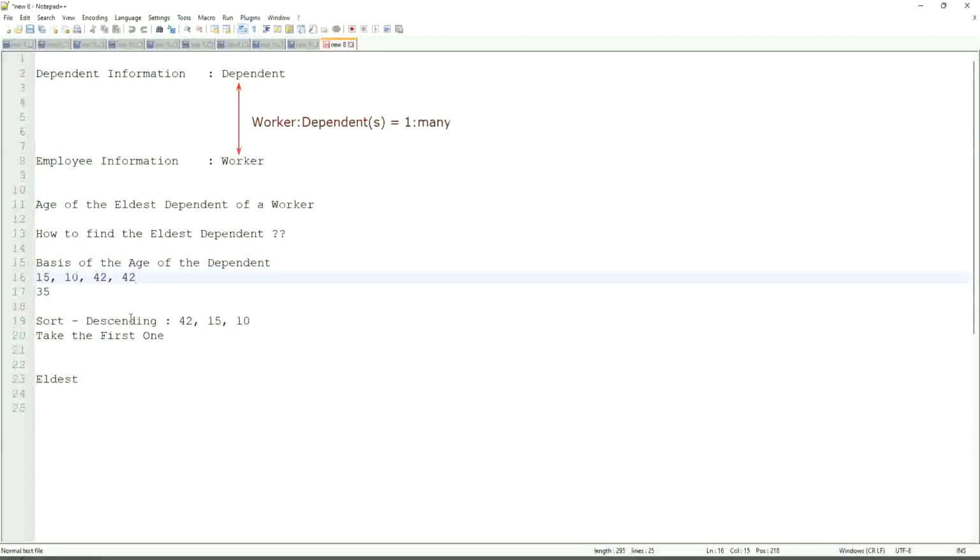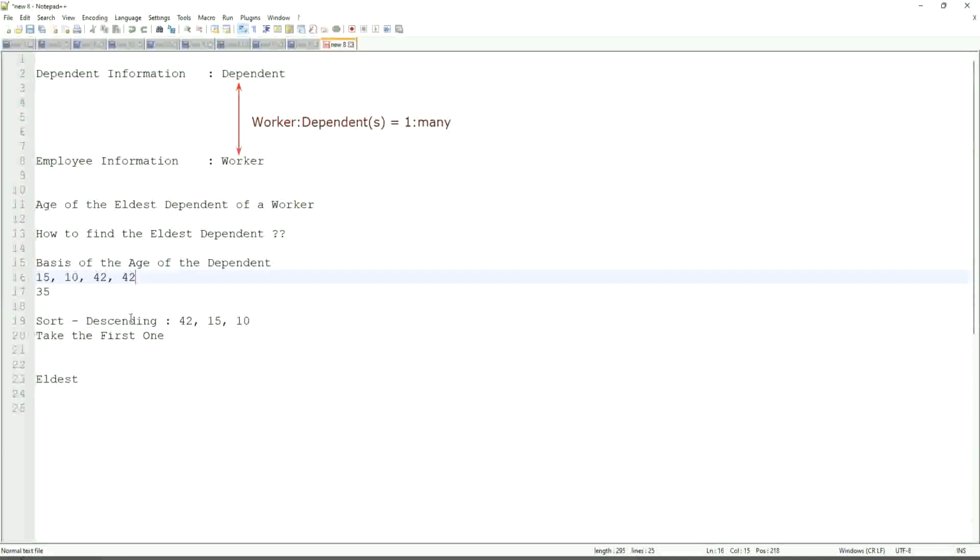Let's say if it is the same age, you are only looking for a spouse, not the child, maybe? Spouse and child most likely are not going to be the same age. But yeah, if there are multiple dependents, maybe you give a higher priority to the spouse. So in that case you have to think of another factor to act as a tiebreaker.